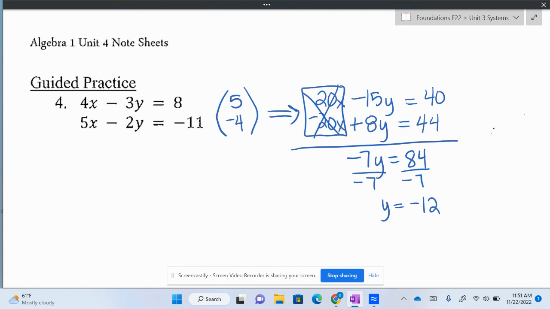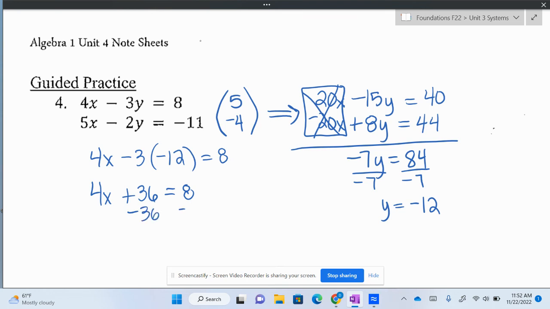So I'm going to take that y equals negative 12 and put it back into my top equation. 4x minus 3 times negative 12 equals 8. 4x. Let's see, negative 3 times negative 12 is positive 36 equals 8.